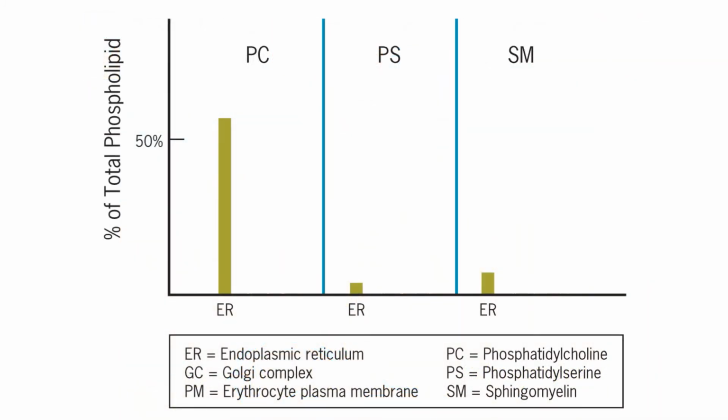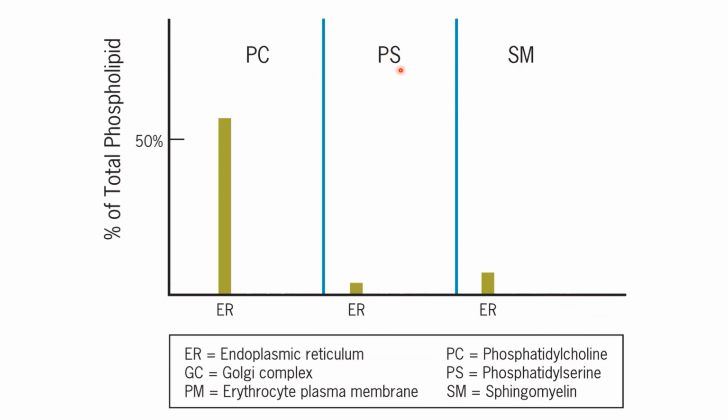Here we have a graph of the types of phospholipids or lipids in the ER. We can see here there are more PC, or phosphatidylcholine, than sphingomyelin in the ER.